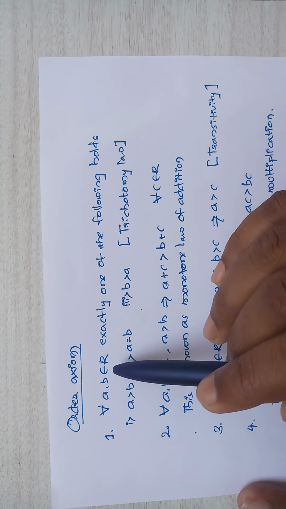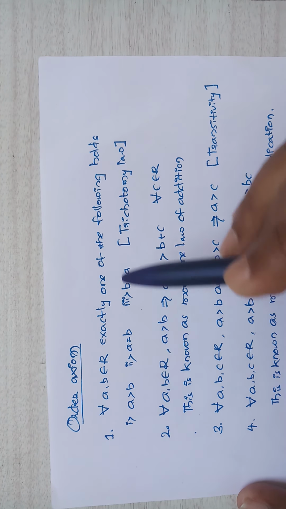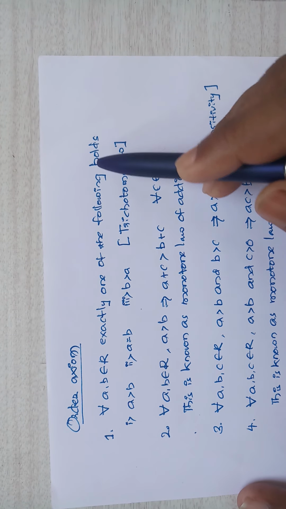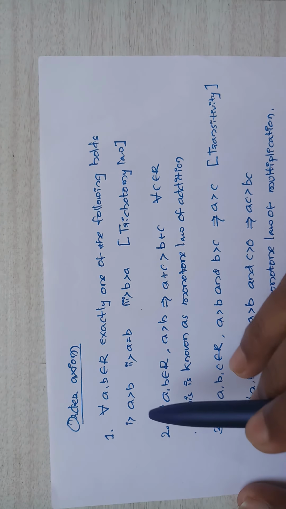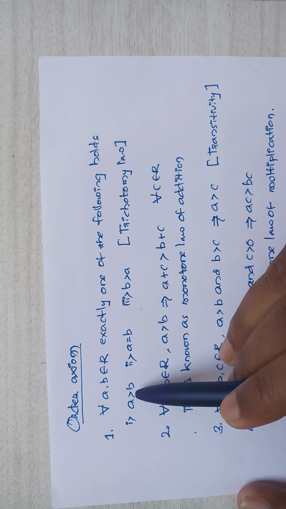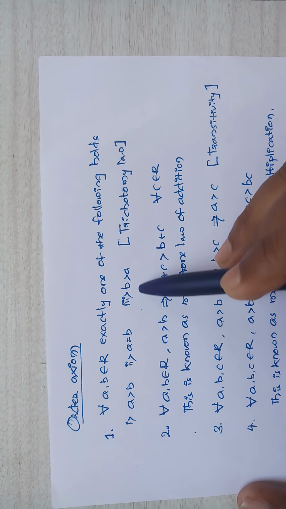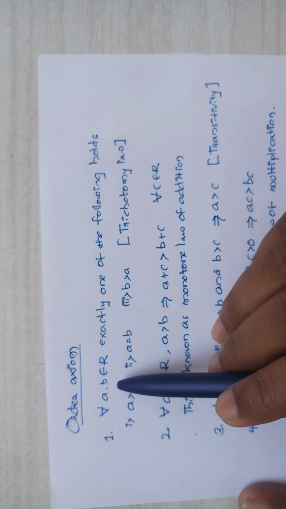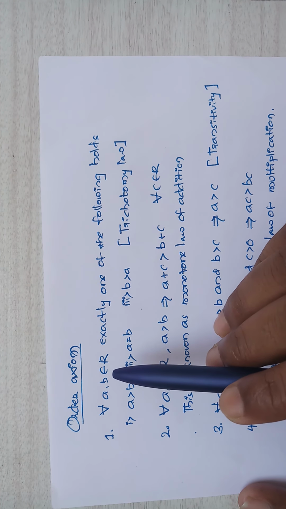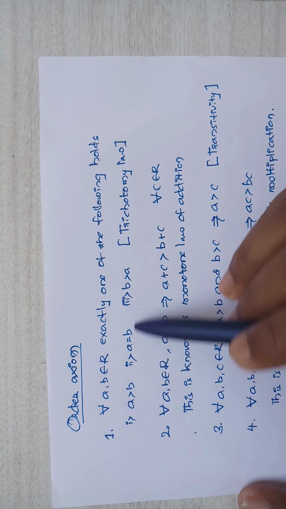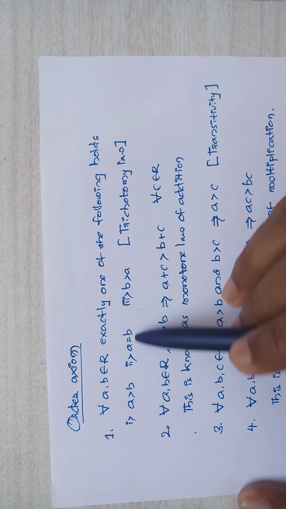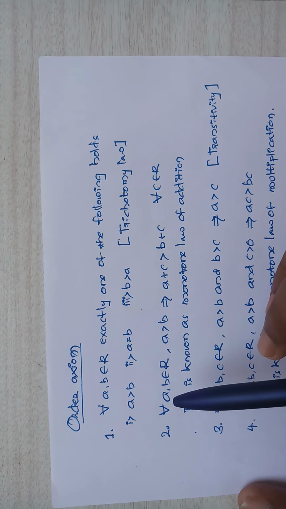So for all A, B belongs to R, exactly one of the following holds. That is A is greater than B, A is equal to B, B is greater than A. So you take any two real numbers, any one of these properties holds good, not all the properties at a time.